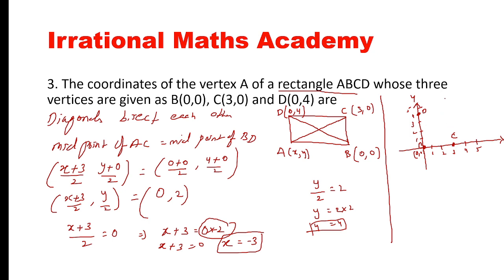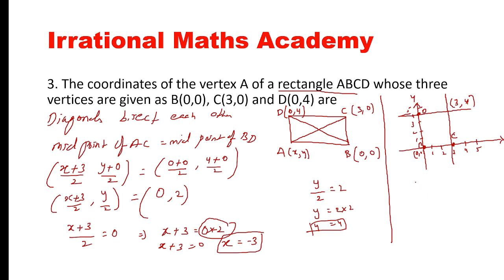If you draw a parallel line along this and along this, where do they intersect? At 3 comma 4.